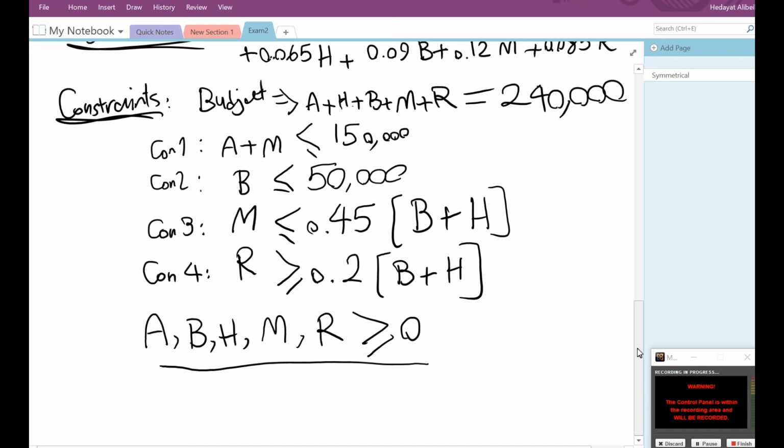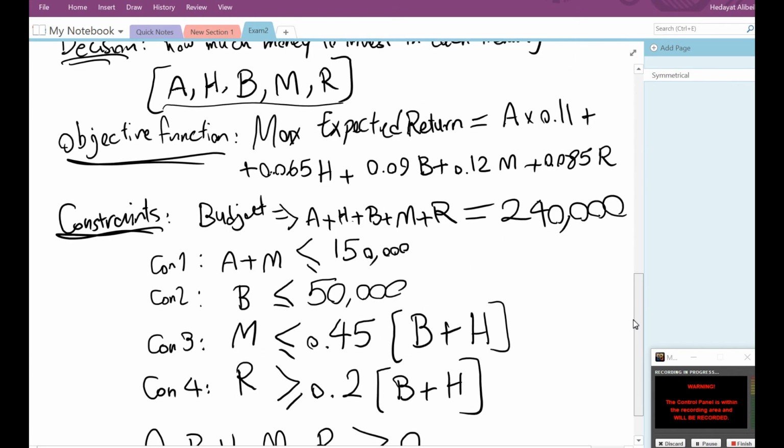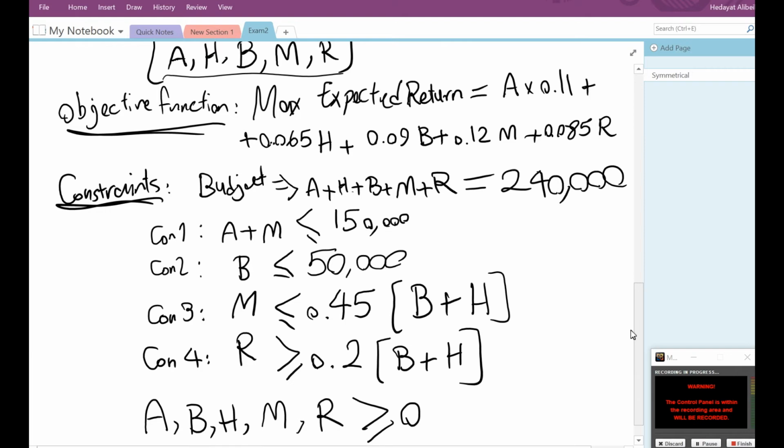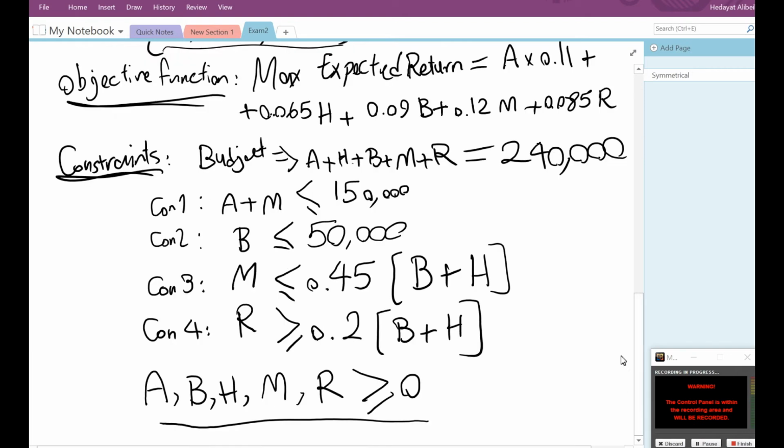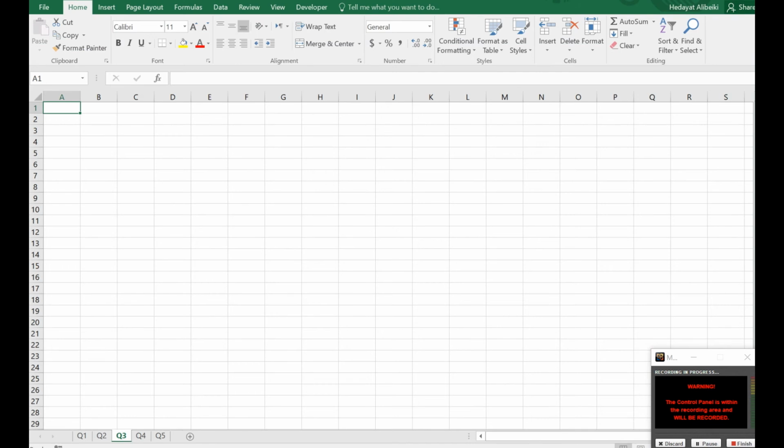We're not short selling, right? So it has to be a positive number or 0. So this is our formulation, and I'm now going to go to Excel and try to solve it.